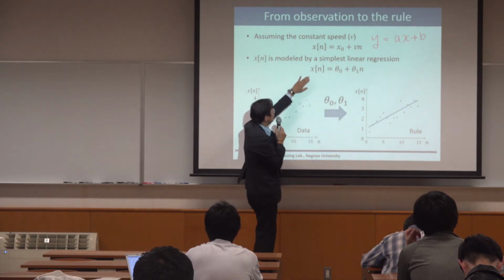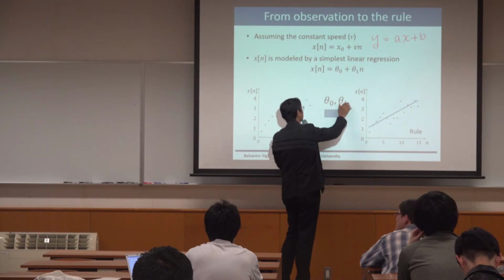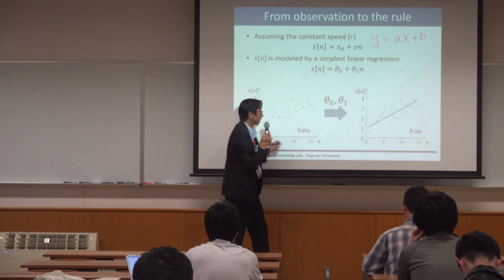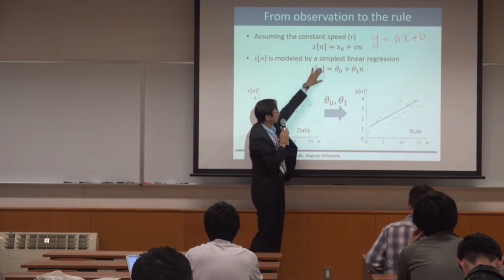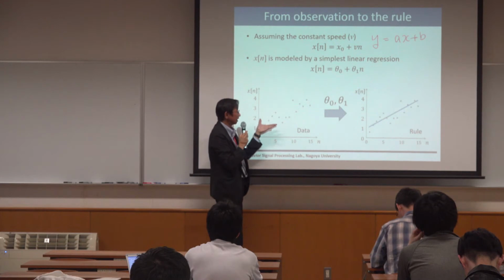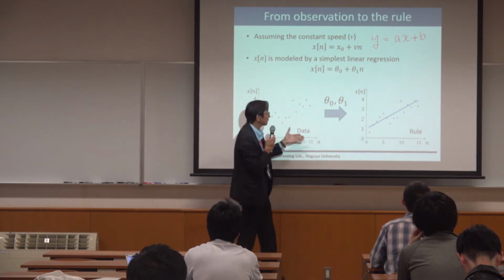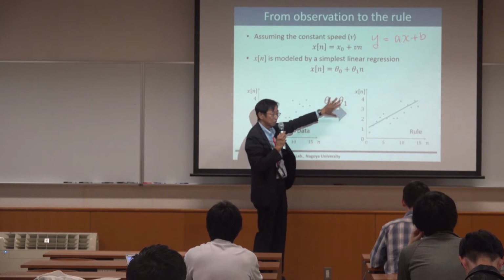Then what should we do? What we should do is to estimate or calculate theta 1 and theta 0. Those are the parameters of the model. So this is a model, and this is a parameter, and this is the data. By using data, you are going to guess the parameter values. That is the estimation problem.